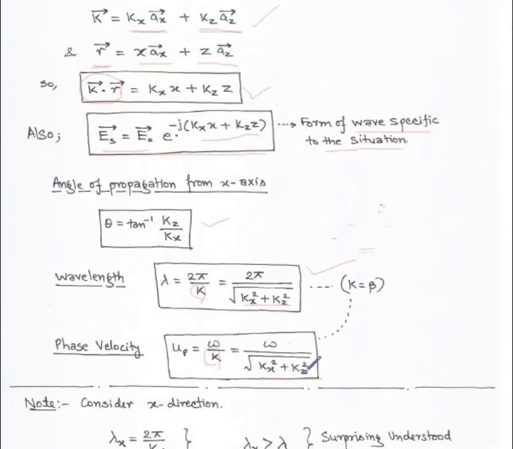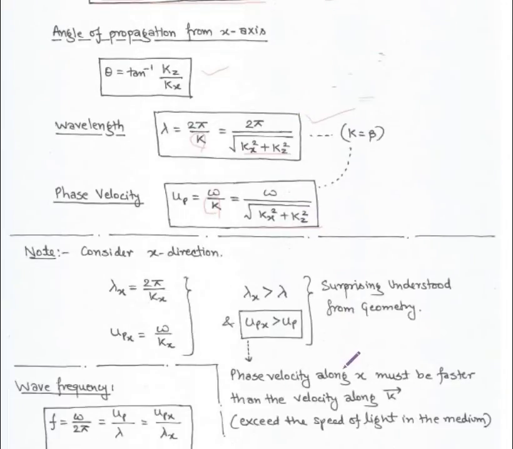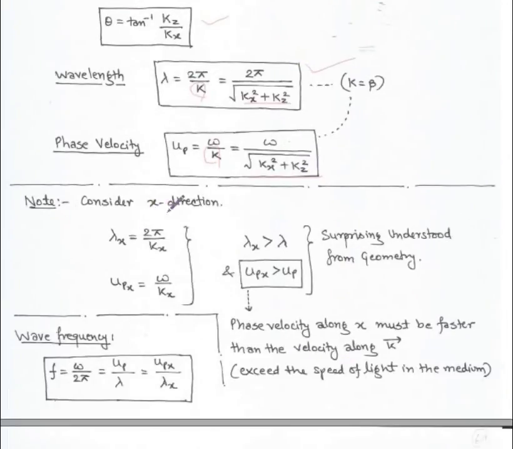So here we note a point. Here we consider the x direction, and along the x direction the wavelength is lambda x and its value is 2 pi upon kx, and the phase velocity towards x is upx and its value is omega upon kx.